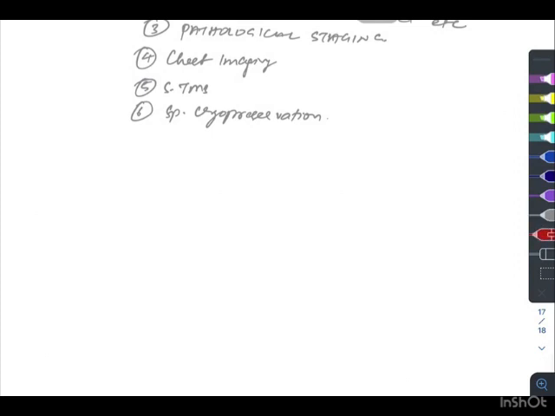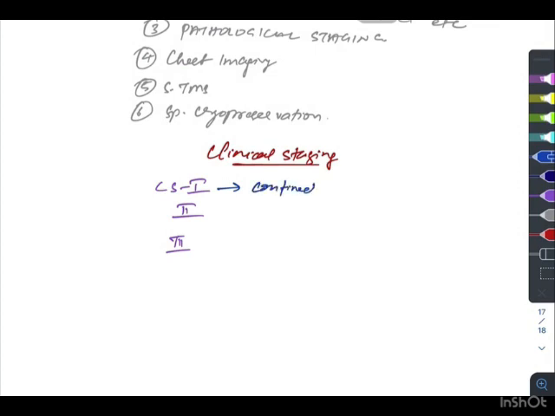Okay, let's discuss the clinical staging. The clinical staging is divided into clinical stage 1, 2, and 3. Stage 1 means that the tumor is confined to the testis.